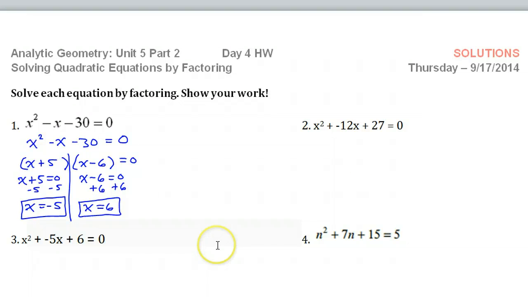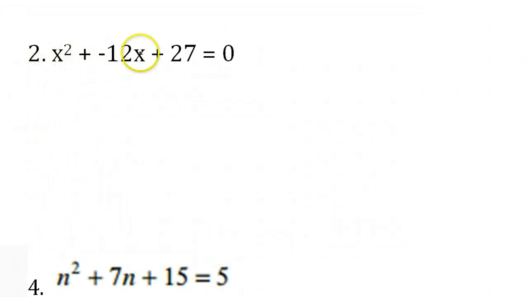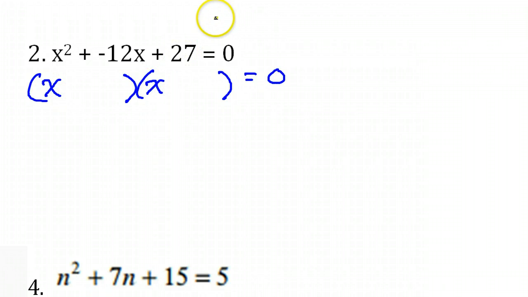Alright, number 2. The first step of factoring is to look for a GCF. You quickly see that this problem has no common factor, so we go ahead and factor as a binomial times a binomial. X squared has to be x times x. 27: the first thing that comes to mind when I see 27 is 3 times 9.